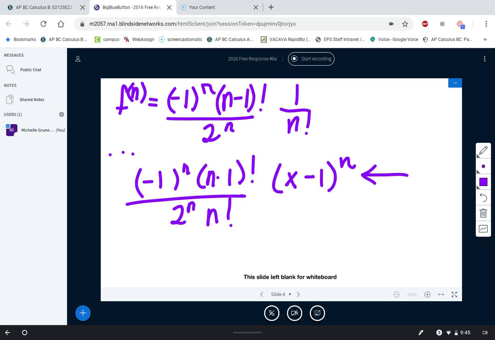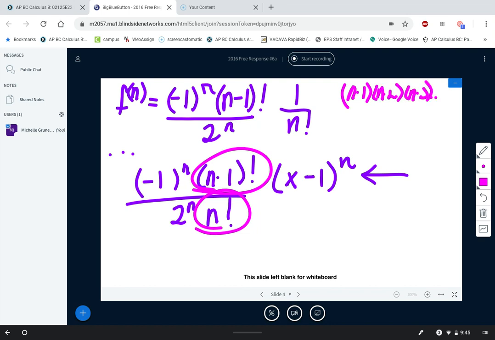So now I'm just going to do some simplifying. So if I look at the n minus 1 factorial over the n factorial. So let's just go up here. N minus 1 factorial would be n minus 1 times n minus 2 times n minus 3, dot, dot, dot. Okay?